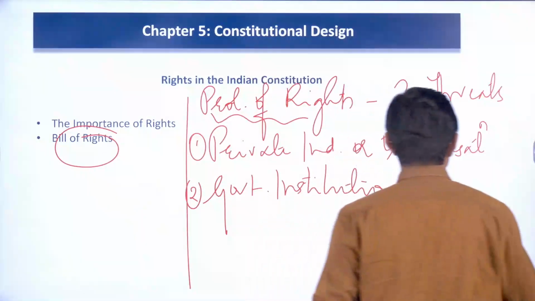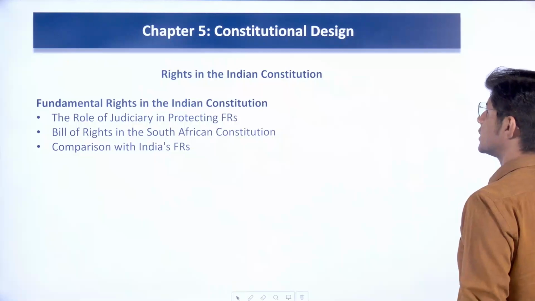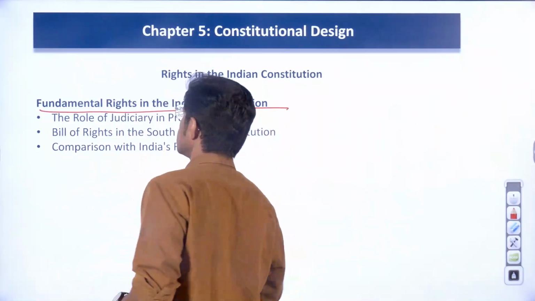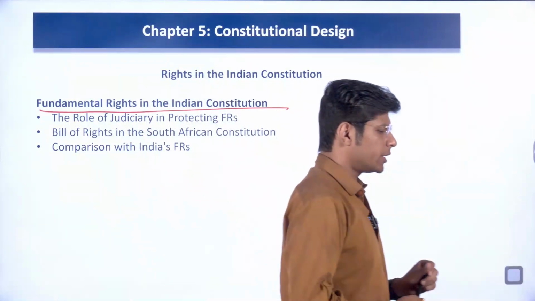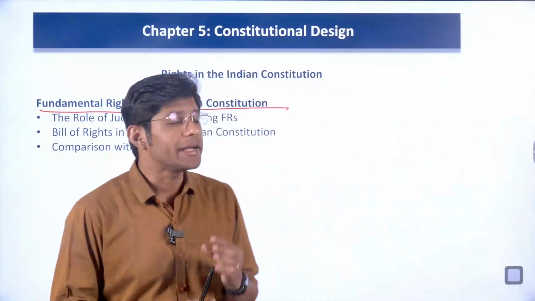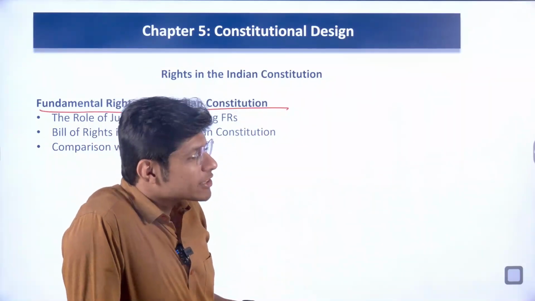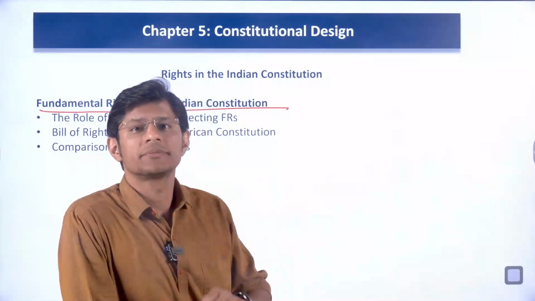Now students will understand the fundamental rights in the Indian Constitution. Now, during the freedom struggle, the Indian leaders demanded individual rights, which means they asked the British government to respect the individual rights.